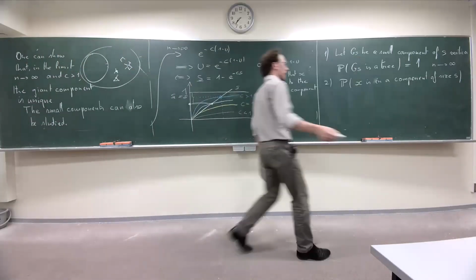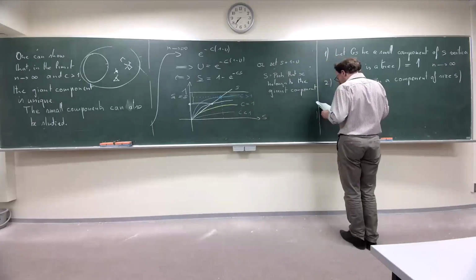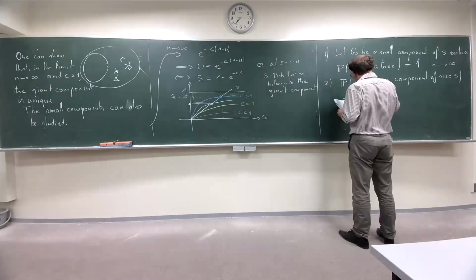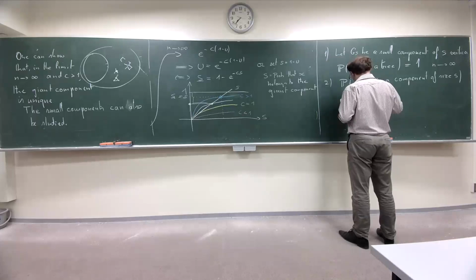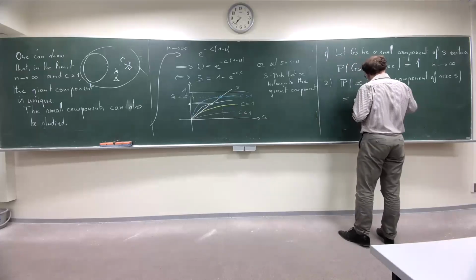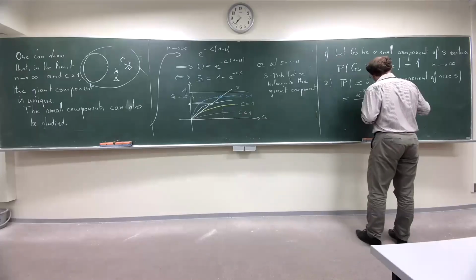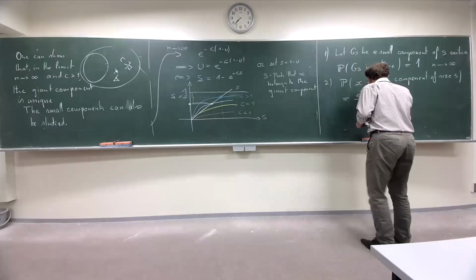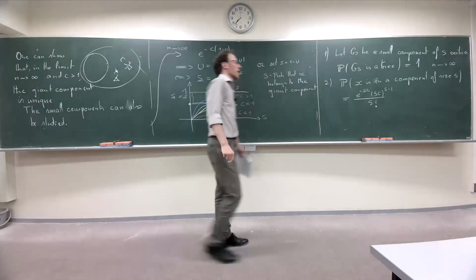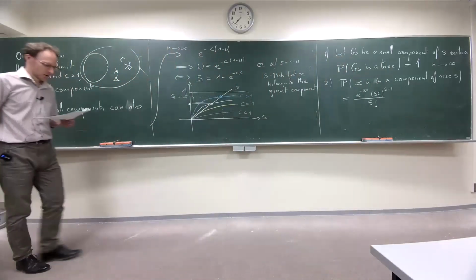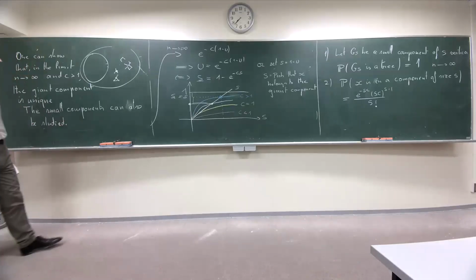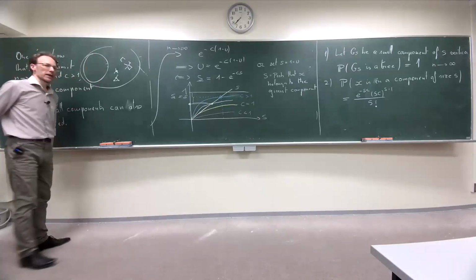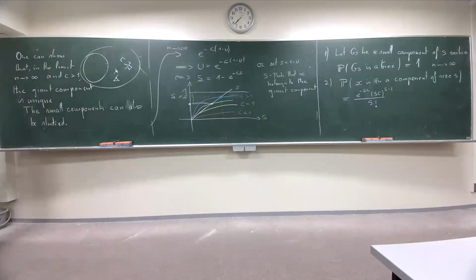Okay, I cannot show you how we get it, but there is a formula. Just wanted to tell you that everything is computable. So this is the probability that if you pick an X anywhere, it is in a component of size S.